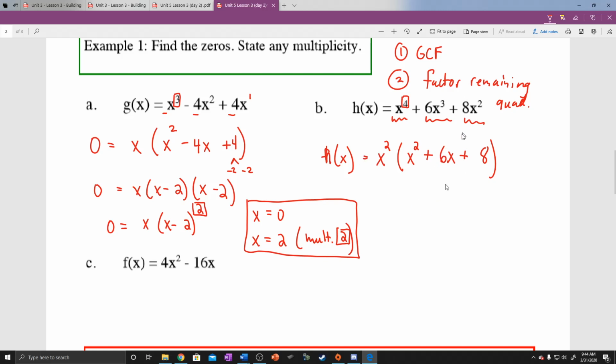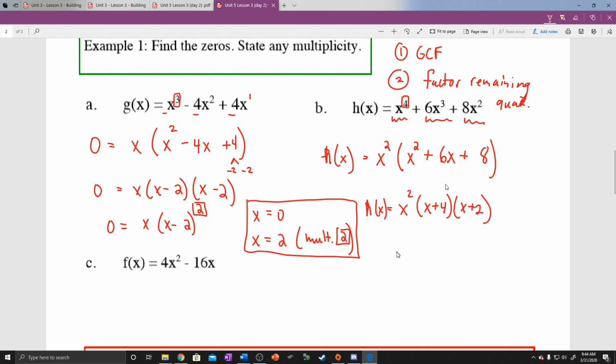And then we can factor this remaining quadratic: 4 times 2 gives you 8, and 4 plus 2 is 6. So this is x plus 4, x plus 2, x squared, is equal to h of x. Okay, x squared is equal to 0.